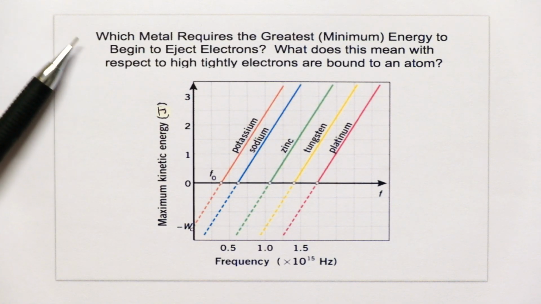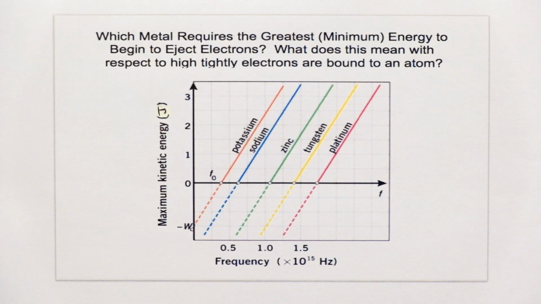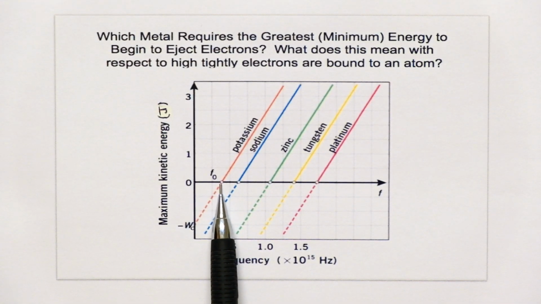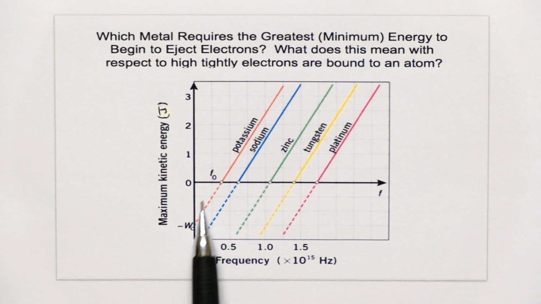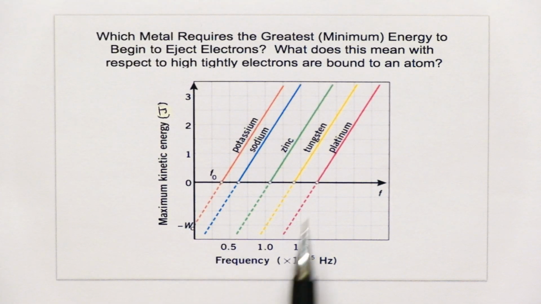The question above the graph is, which metal requires the minimum energy to begin to eject electrons? Which metal requires the least energy to eject electrons? Potassium requires the least energy. It's got the lowest threshold frequency and the lowest work function.